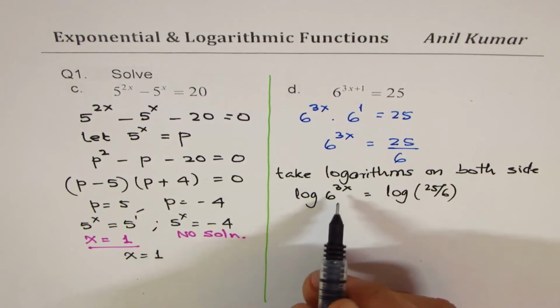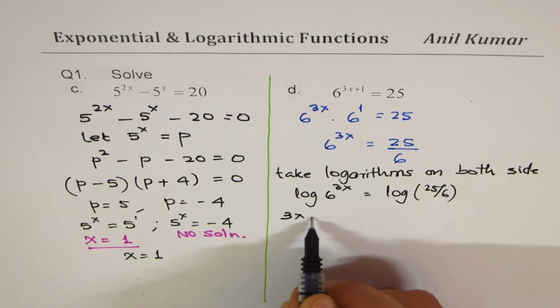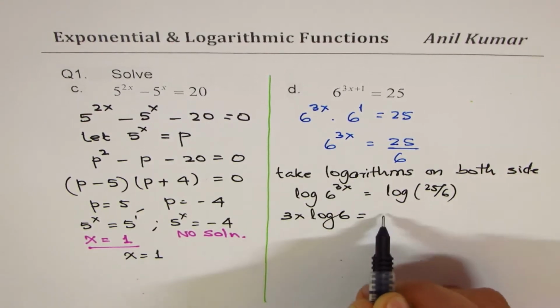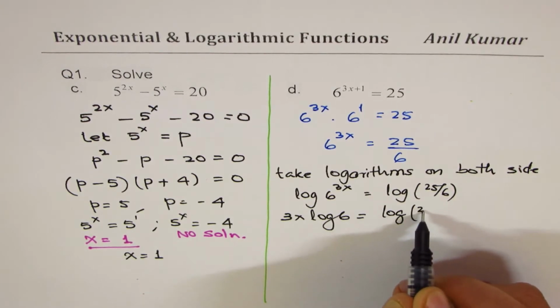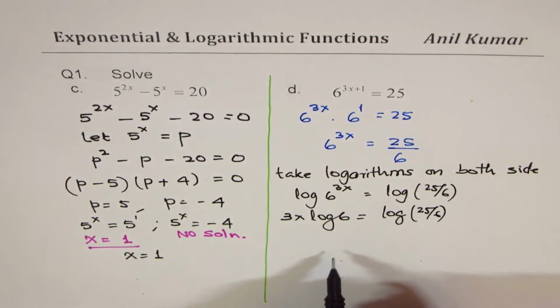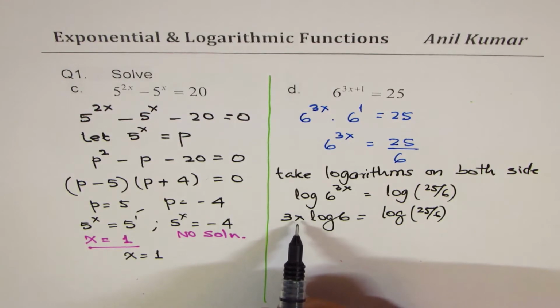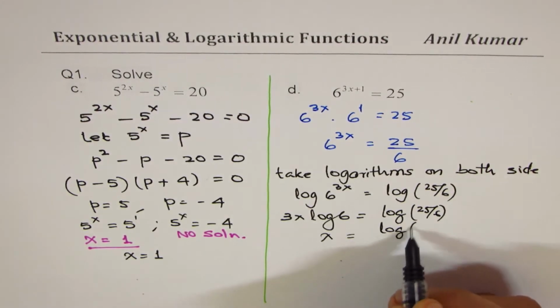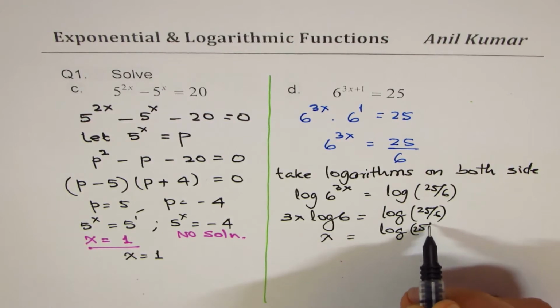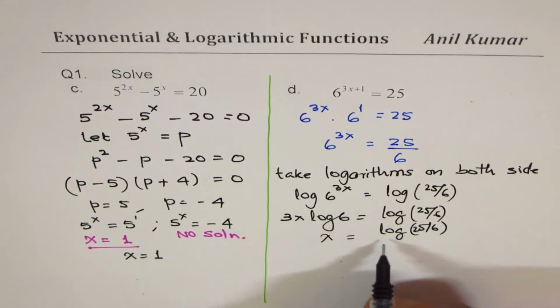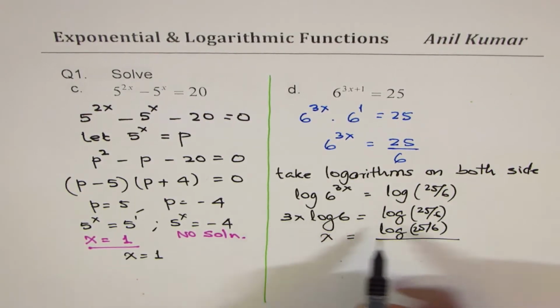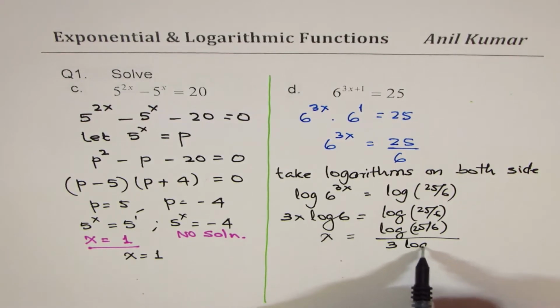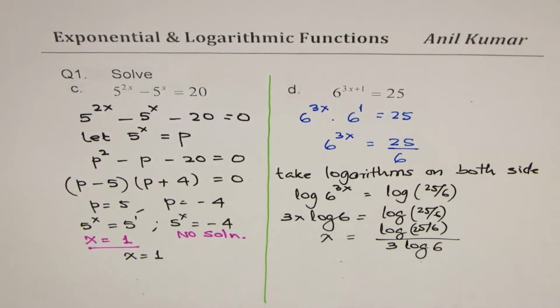Now using the properties of logarithms, we get 3x times log of 6 equals log of 25 over 6. So from here we can find what x is. So x equals log of 25 over 6 divided by 3 times log of 6. Do you see that? That is the value of x which we need to calculate.